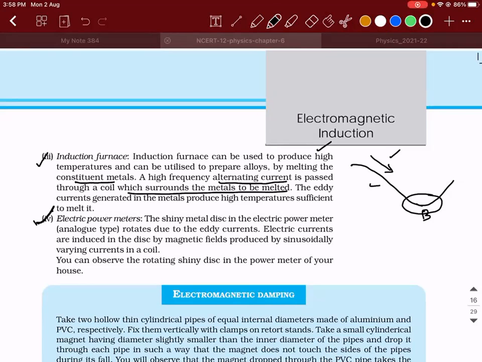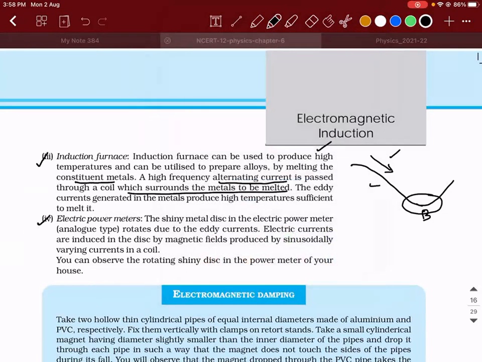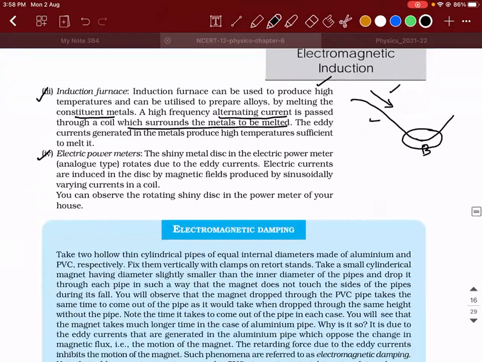Okay, and the last one is electric power meters, the one which we have at our home. If you look at the analog one, it has a shiny metallic disc which is revolving. I'm not sure how many of you have observed it. It is there in analog meters, whenever you want to check the units that you have consumed. So what happens in electric power meters? The shiny metallic disc in the analog type, not the digital one, rotates due to eddy currents.